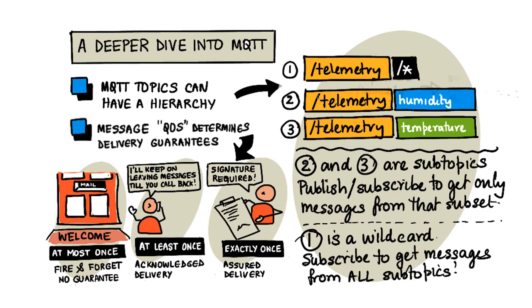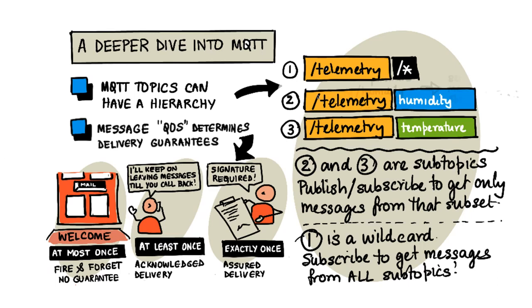So MQTT topics, one thing is they can have a hierarchy. What that means is you can have a top level topic, subtopic, subtopic, subtopic, kind of like the folders on your computer. So it'd be /telemetry/something. For example, if I had a device sending 2 separate telemetry messages, one for humidity, one for temperature, I could send it to /telemetry/humidity, /telemetry/temperature.